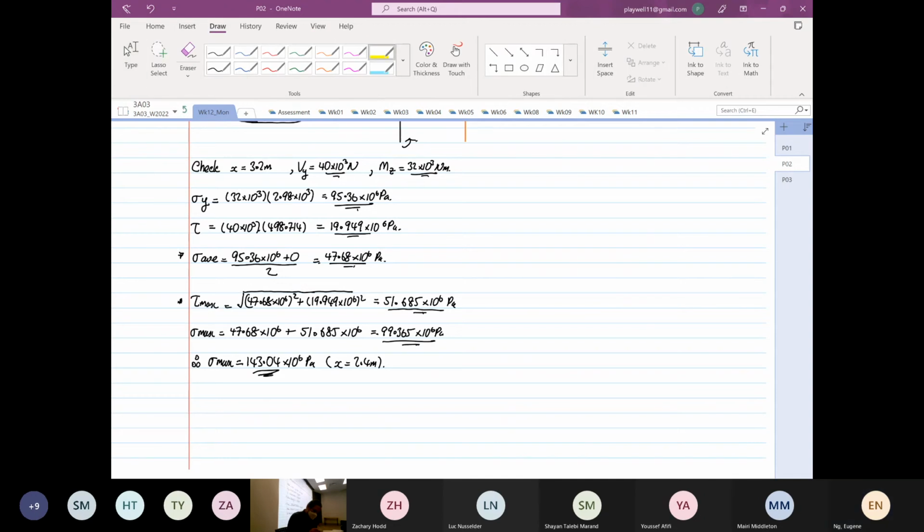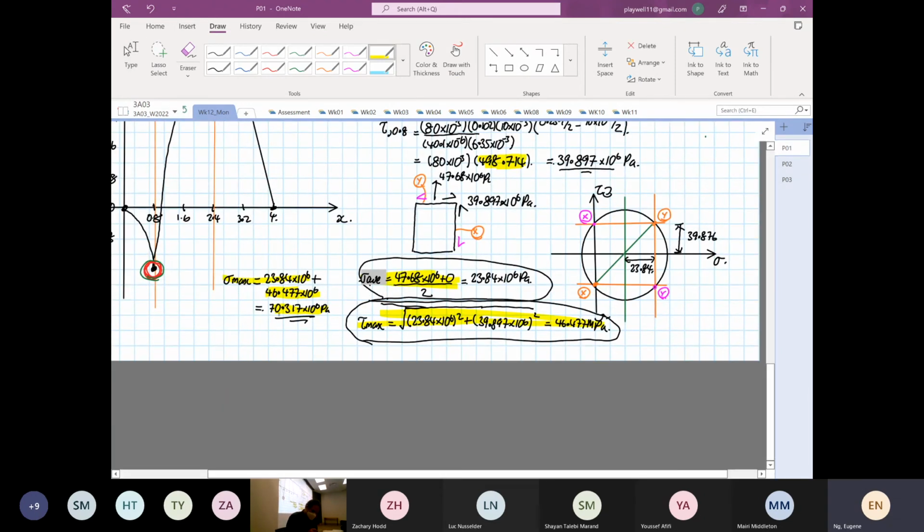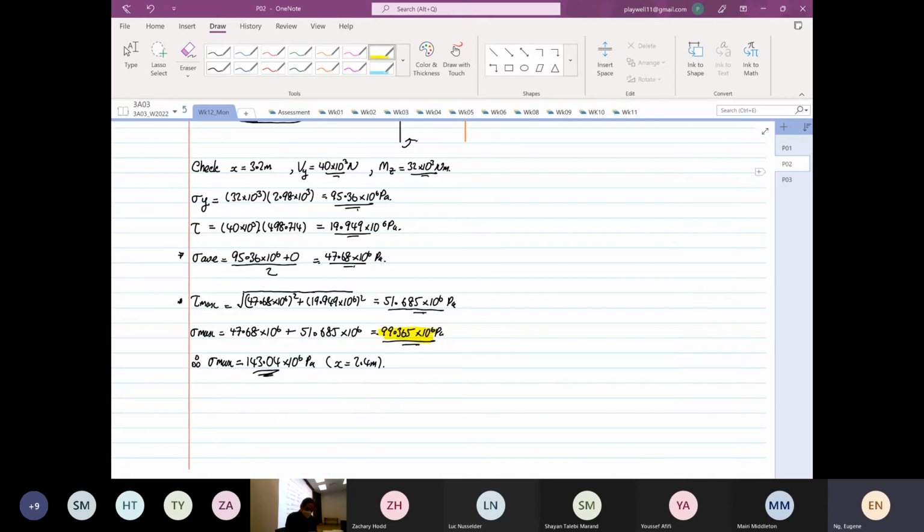It's because this value is less than 143.04, and this value is 70.317. So it's a maximum. It's the biggest of the biggest. The other ones are the maximum at their specific location.